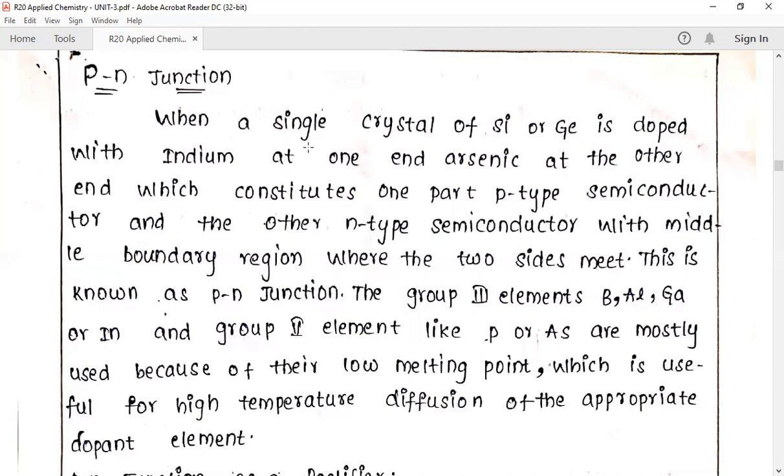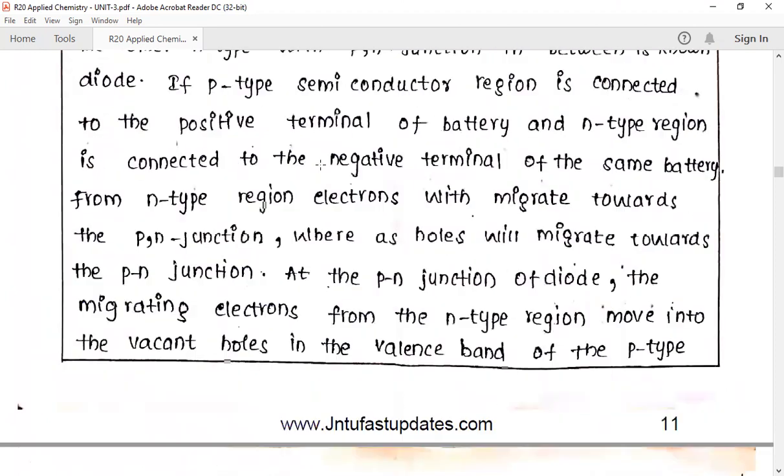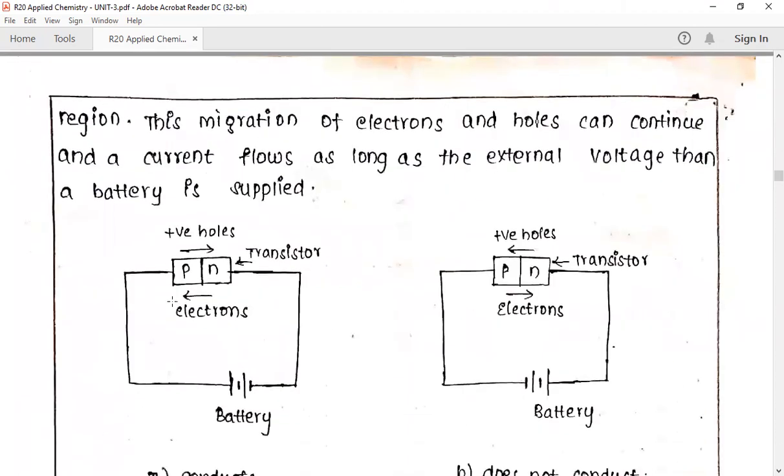In its basic form, a semiconductor diode is formed from a piece of silicon by making one end a P-type and the other end an N-type.